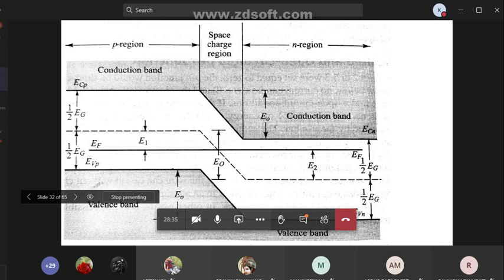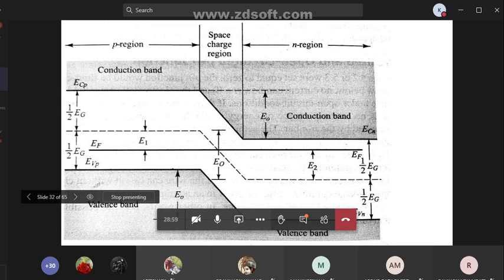Clear? So from this we can write EF minus EVP equal to EG/2 minus E1. So here we can write ECN minus EF equal to EG/2 minus E2. Okay, so they are the two equations.